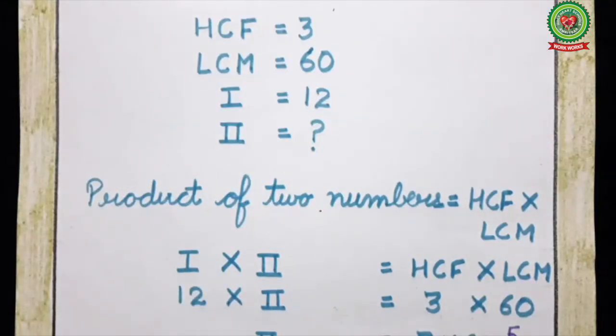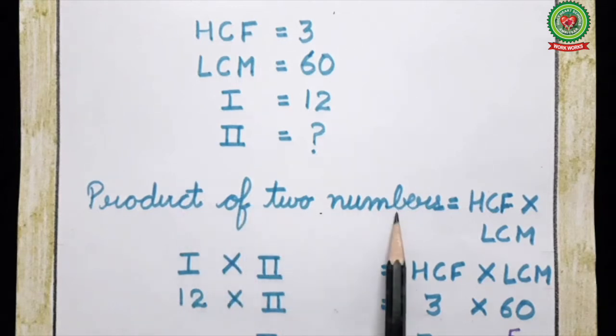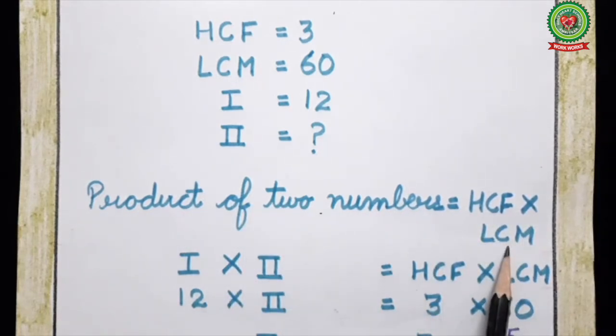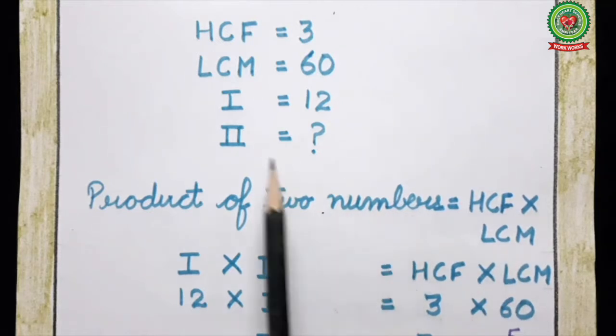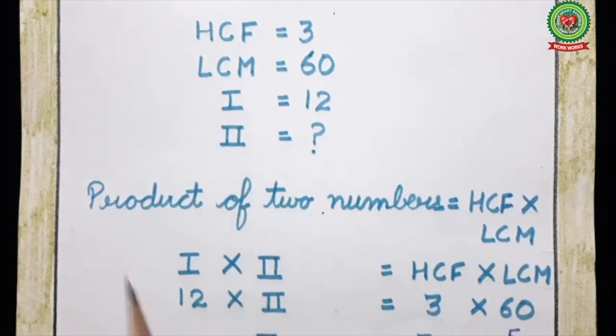After that, we will apply the result which we have discussed above. The result is product of two numbers is equal to HCF multiplied by LCM. Two numbers are number 1 and number 2. Product means multiply, so I have written first multiply by second is equal to HCF multiplied by LCM.